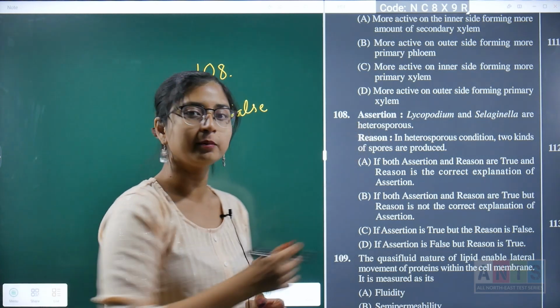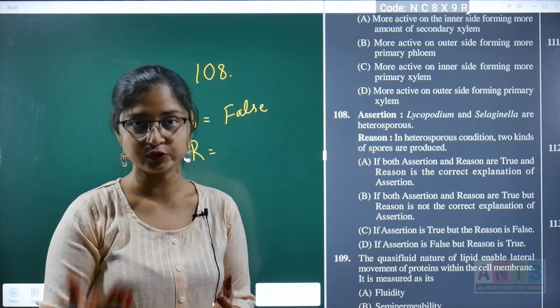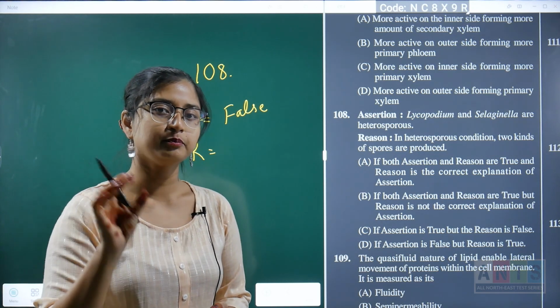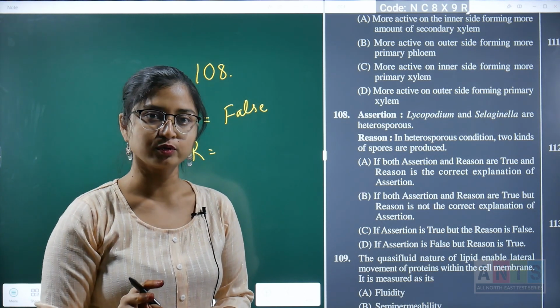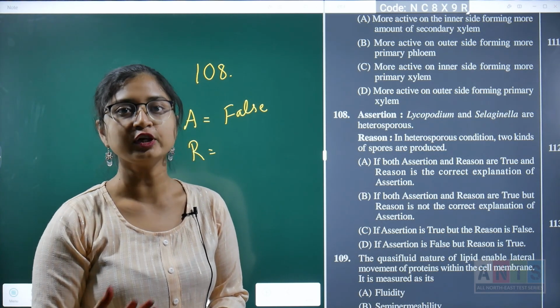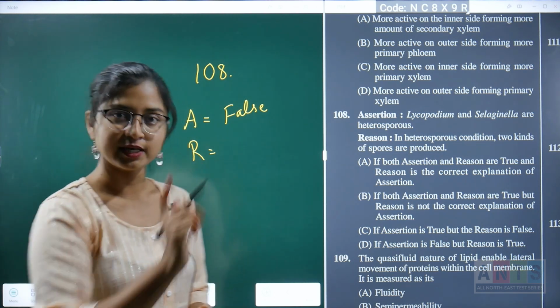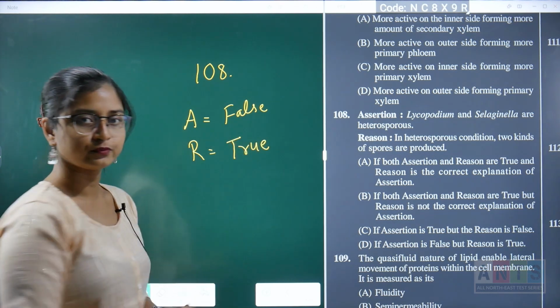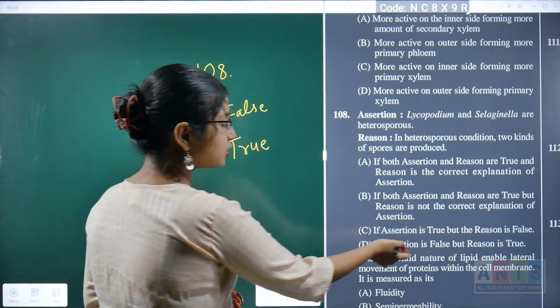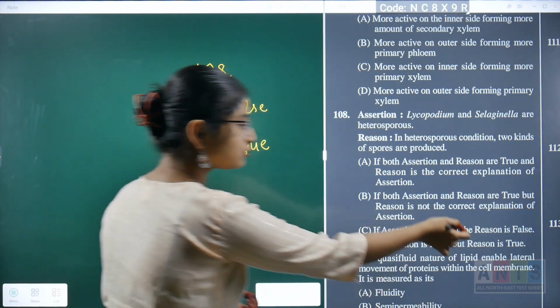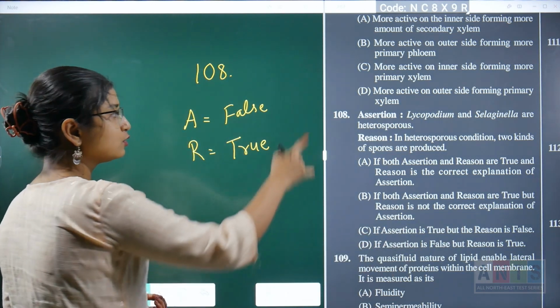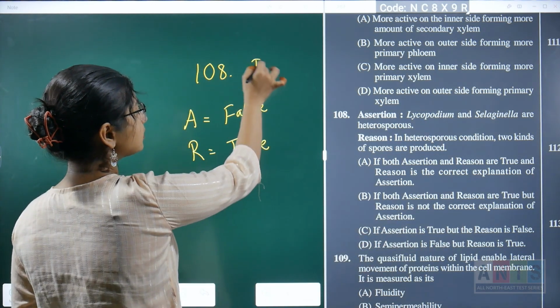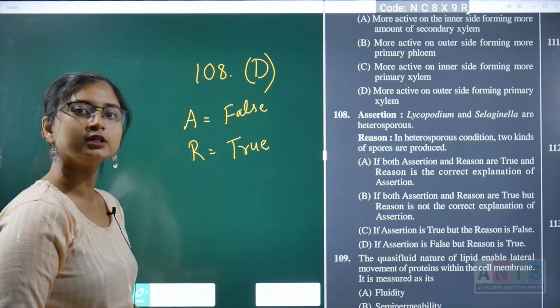So what does hetero mean? Multiple, more than one. So the presence of two kinds of spores is the possibility of a heterosporous condition. So this statement is correct here. So the reason seems to be true. So if the assertion is false but the reason is true, this statement is correct. So question number 108, the correct answer should be option D.